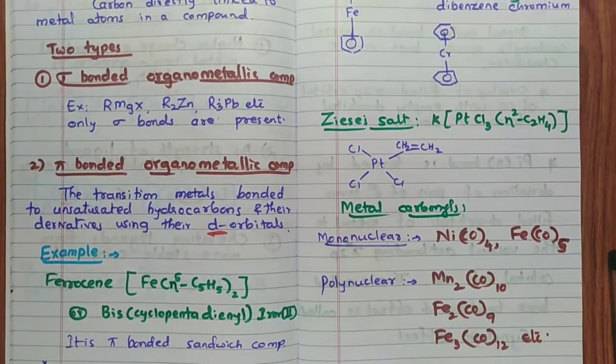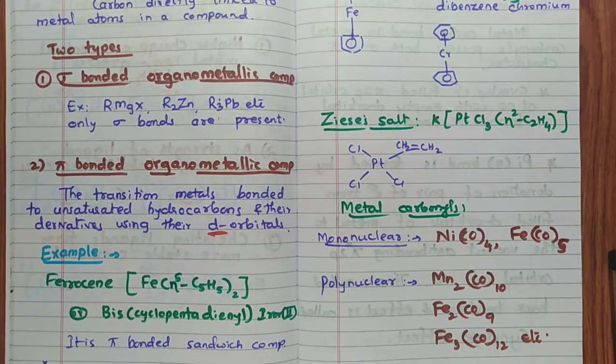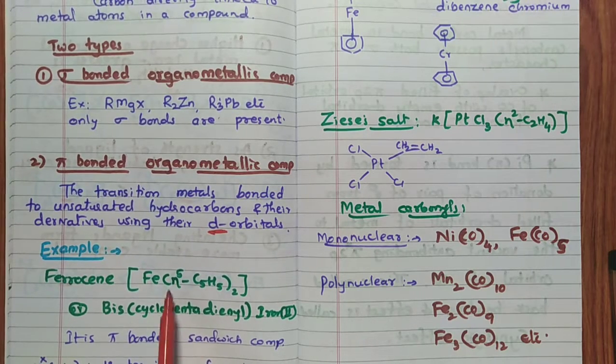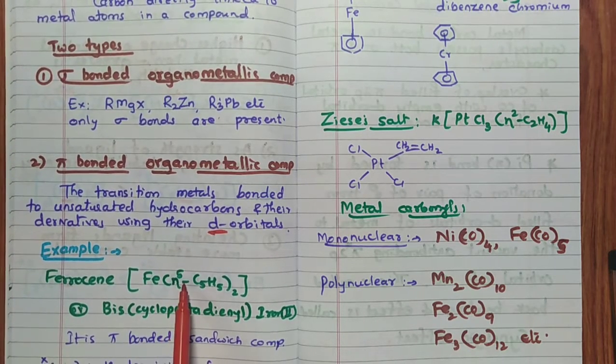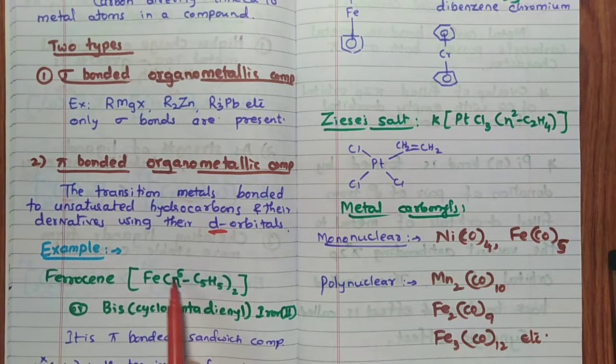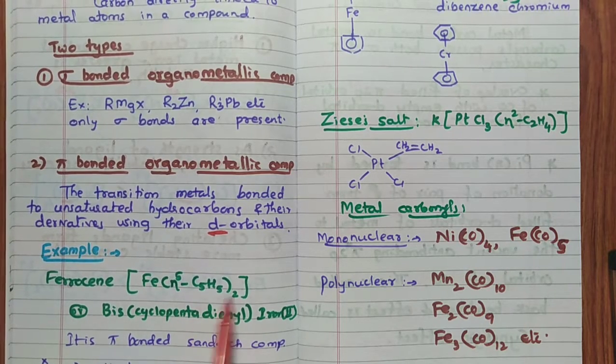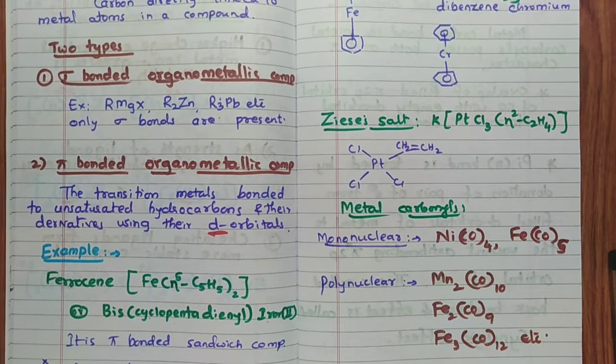Important first one, ferrocene. Ferrocene can be written as Fe(η5-C5H5)2, where C5H5 is cyclopentadienyl. The name is bis(cyclopentadienyl)iron(II); the iron oxidation state is +2.